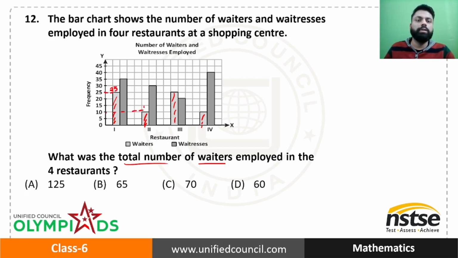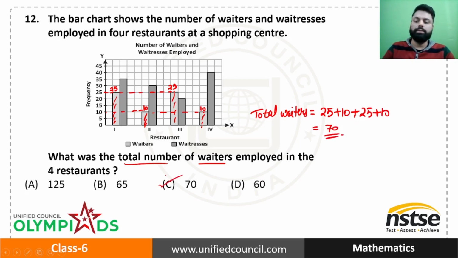This is 10, 25, and this is also 10. So total waiters is equal to 25 plus 10, 25 plus 10, 35, 60, then this is 70. So C option is the correct answer.